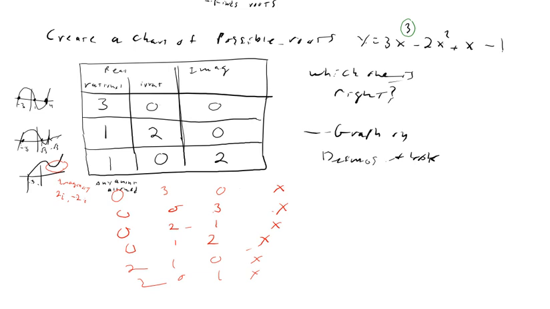Minus x. There we go. This is going to be a little better visual. So here's my situation. I have one place where I'm crossing, and I have this little bump here that doesn't cross. So this number here is my one real root, and these other two, well, they don't cross.